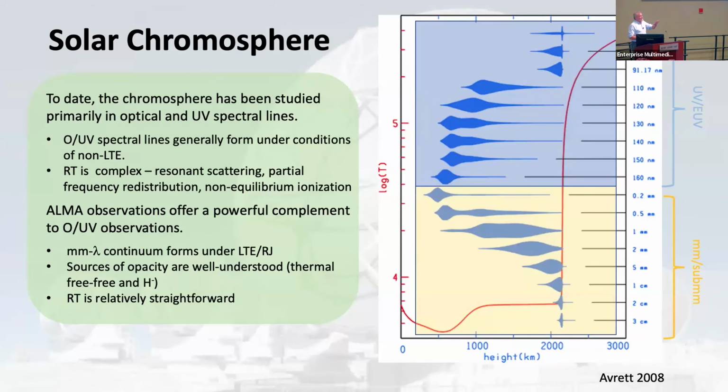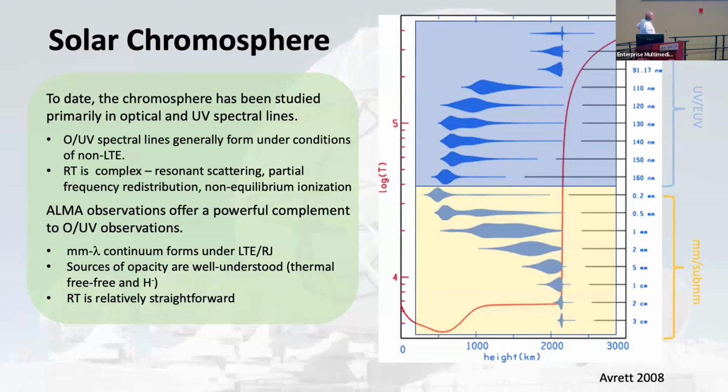So, I think of millimeter, submillimeter radiation as highly complementary. To date, we've relied primarily on optical and UV spectral lines to try to make sense of the chromosphere. But they're tough. Spectral lines generally form under conditions of non-LTE, non-local thermodynamic equilibrium. And that introduces complexity in how you're going to interpret these lines.